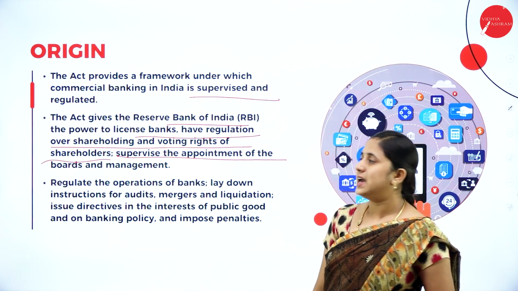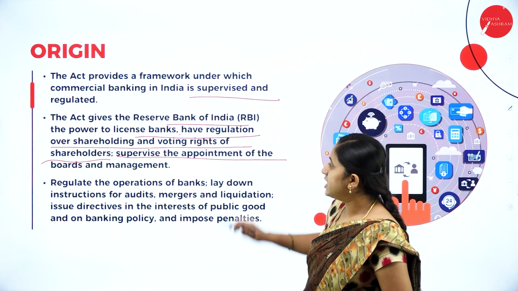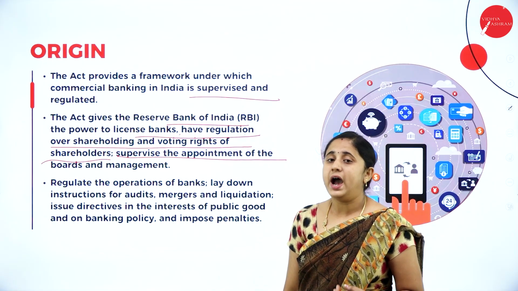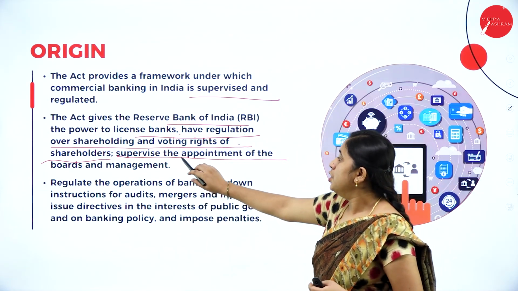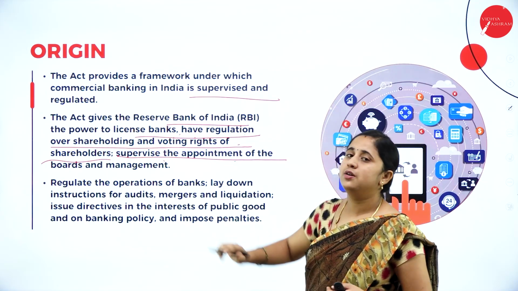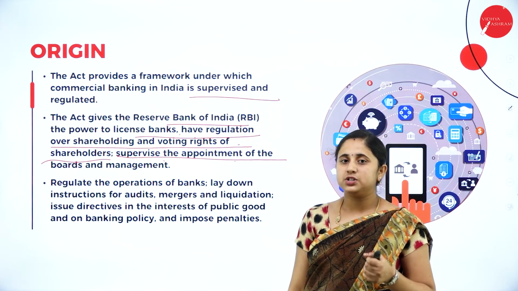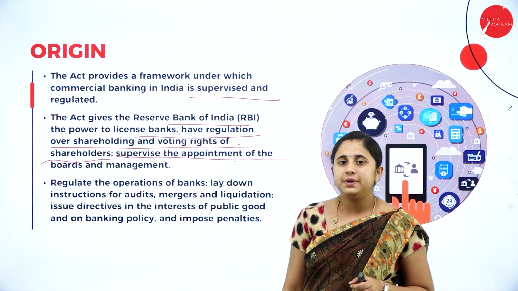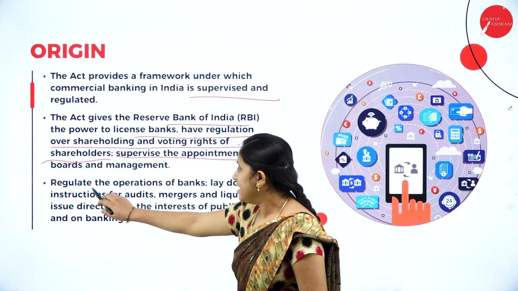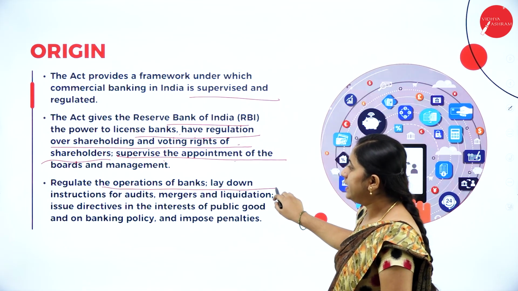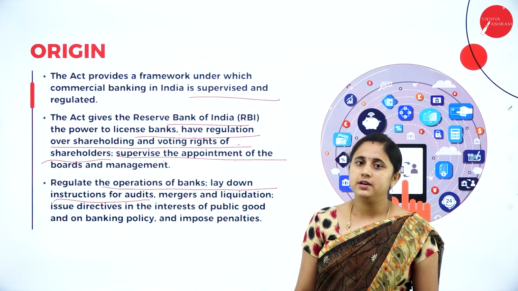Through this act, RBI has the power to give licenses to banks, to regulate shareholding and voting rights, and to supervise the appointment of the board of directors as well as the management. It regulates the operations of banks and lays down instructions for audits. So this act regulates banking activity.